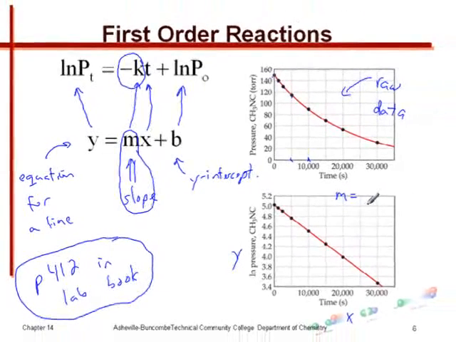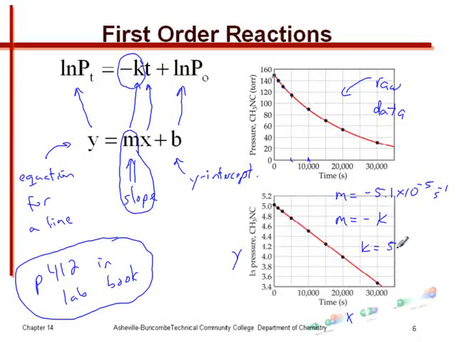A slope equal to negative 5.1 times 10 to the negative 5. And the units here for a first order reaction are inverse seconds. And then notice the relationship m equals negative k. Well, if m equals negative k, then I only have to change the sign here to establish what my rate constant is.